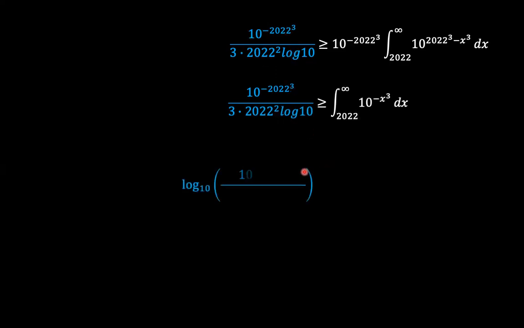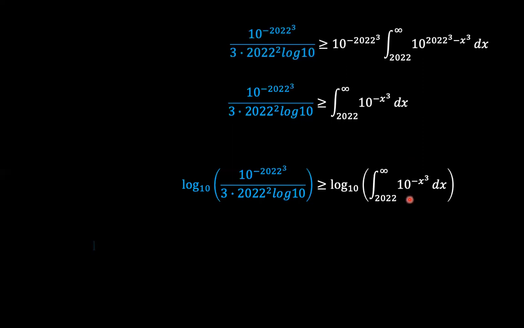So log 10 of 10 to the power negative 2022 cubed over 3 times 2022 squared log 10 being greater than log 10 of the initial integral means that we have, using the rules of logarithm, log 10 of the numerator minus log 10 of the denominator.